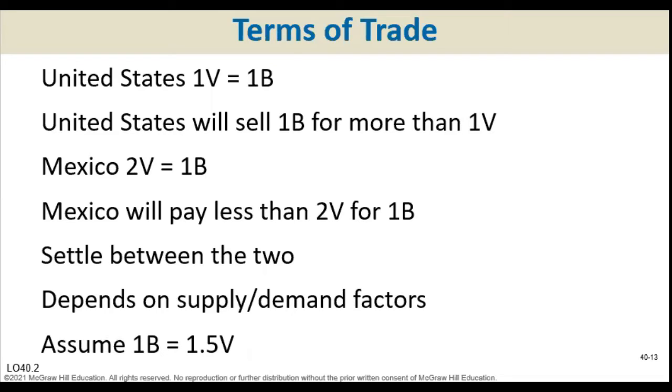And to that point, you'll see that both nations will benefit as they work out the terms of the trade. The United States would end up with more than 1 ton of vegetable for 1 ton of beef. And Mexico will get more than 1/2 ton of beef for each ton of vegetable.